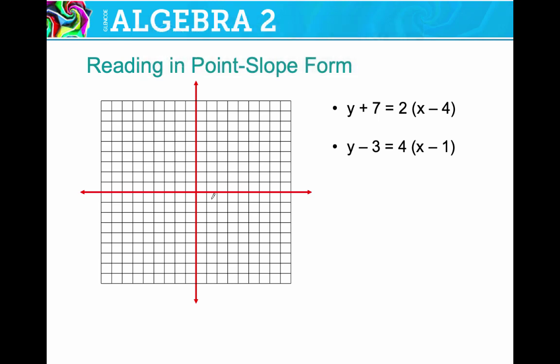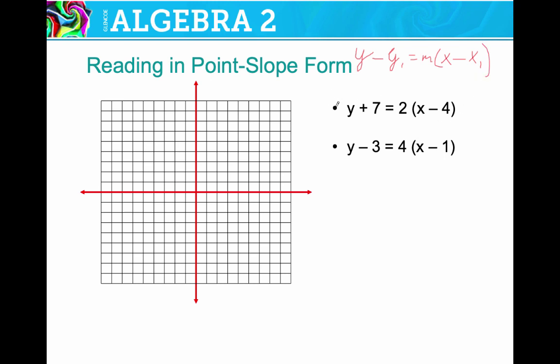So when I write in point slope form, we need to recognize that it's y minus y1 equals m times x minus x1.